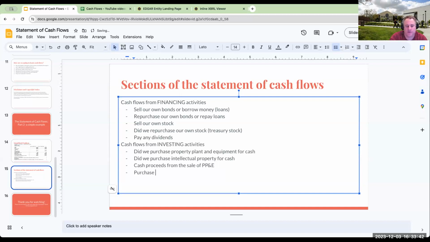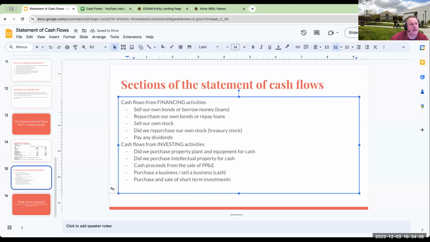Do we purchase a business? What else will go into investing? And again, this has to be in cash. The purchase and sale of short-term investments, right?